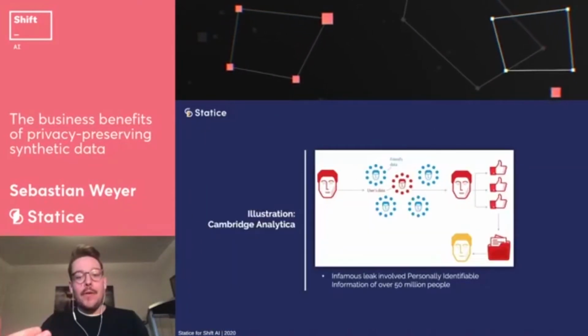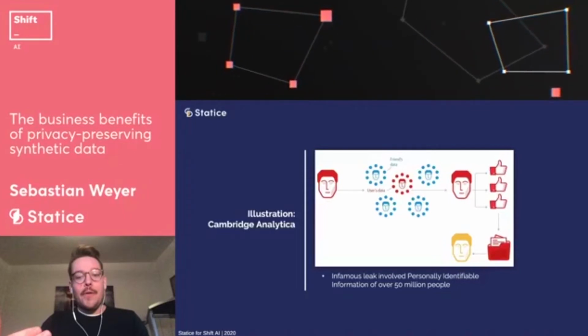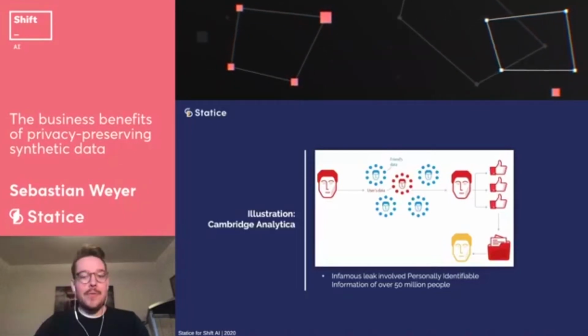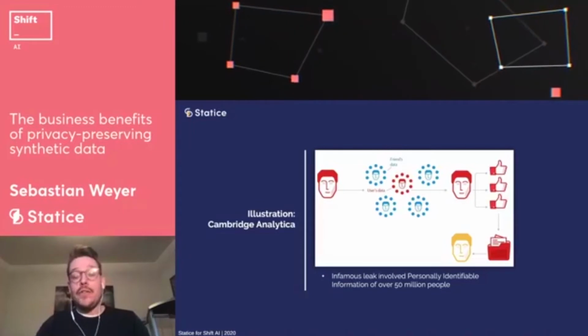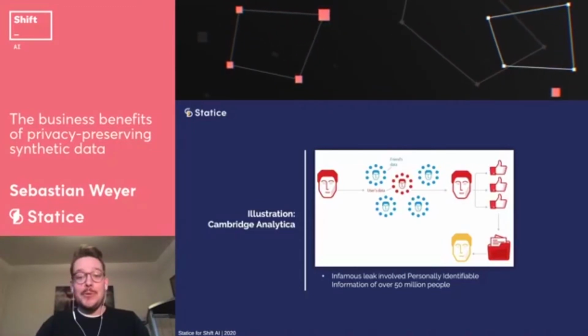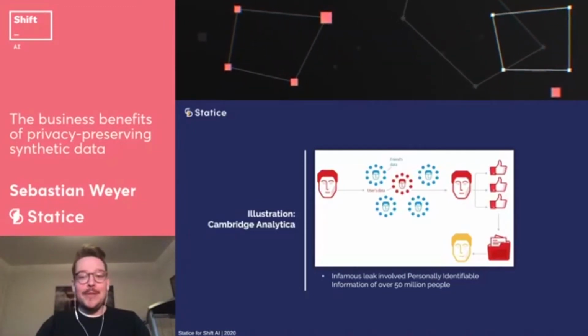Now, this has already been shown in the now infamous case of Cambridge Analytica, where user information attributed via IDs of over 50 million people was used to, as we're all familiar with, influence political campaigns, or actually build algorithms that were able to predict user behavior quite accurately, and therefore also recommend certain content to be shown to such people.